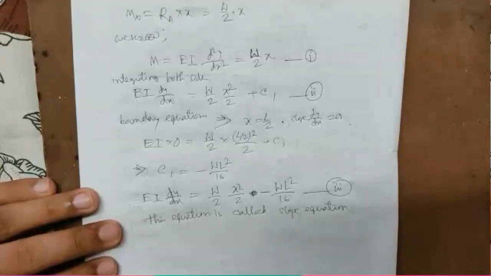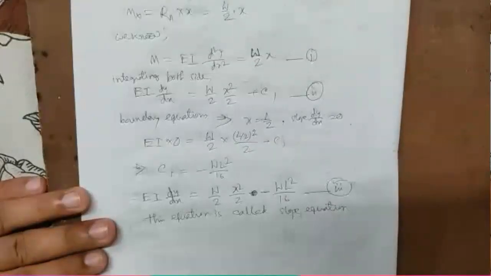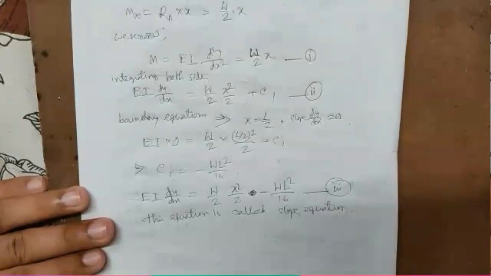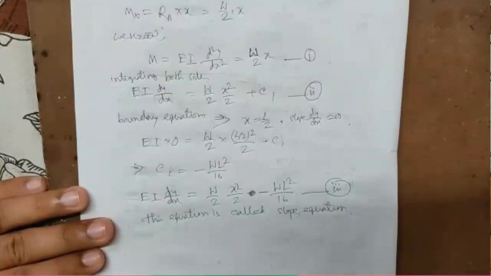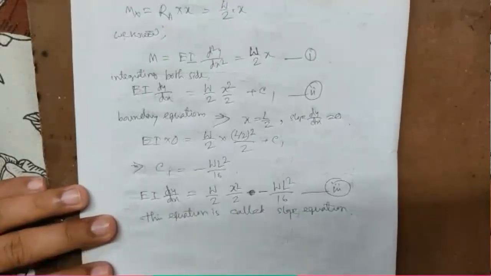Slope is maximum at A, at x equal to 0, and also substituting x equal to L, there also the slope will be maximum, that will give us the slope at point B. But because of symmetry, they will be the same.